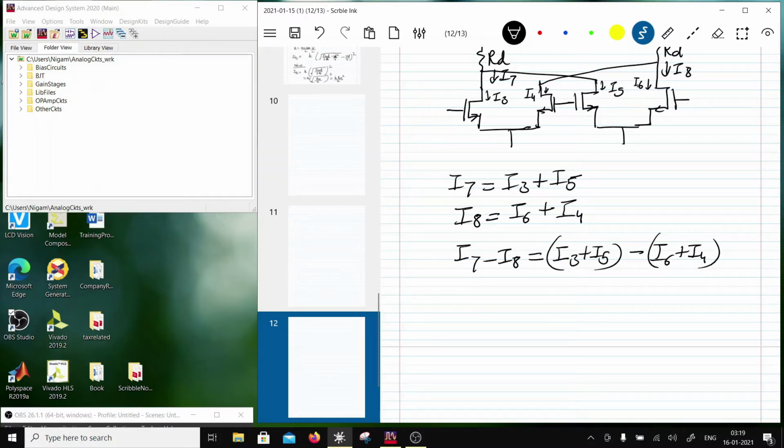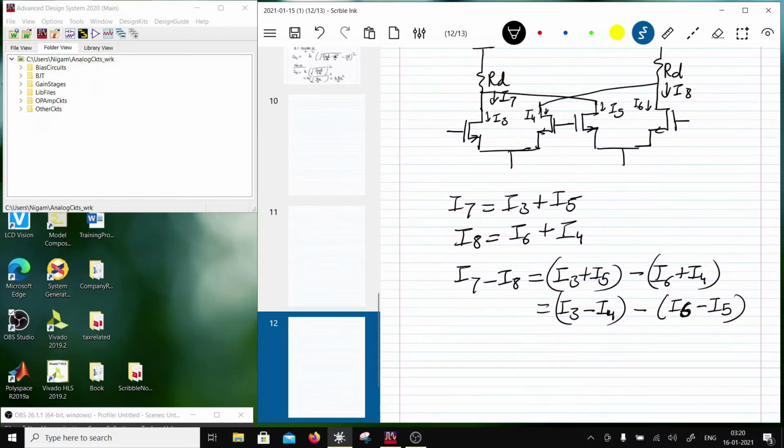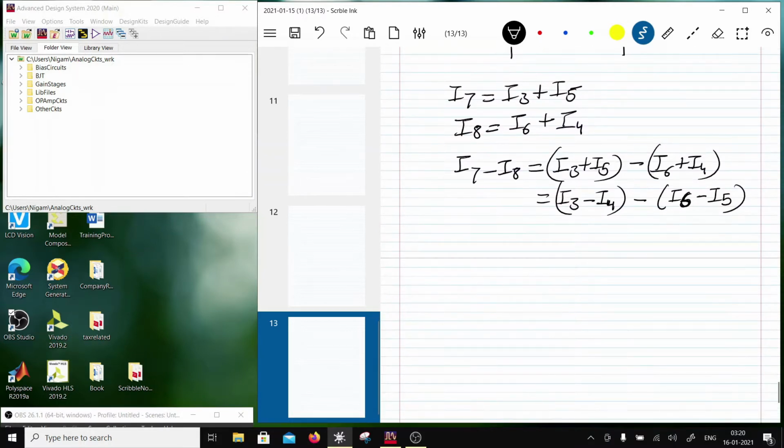So I can always write this as I3 minus I4 minus I5 minus I6, I mean I6 minus I5, right? The inner currents are subtracted from the outer currents. Outer currents are I3 and I6, inner currents are I4 and I5. So I have I3 minus I4, I6 minus I5, and then the subtraction of that, correct?